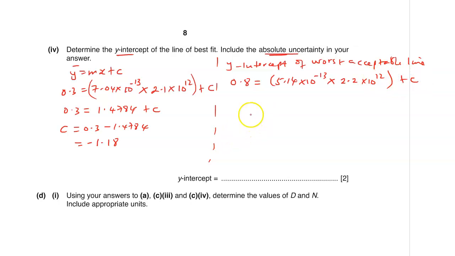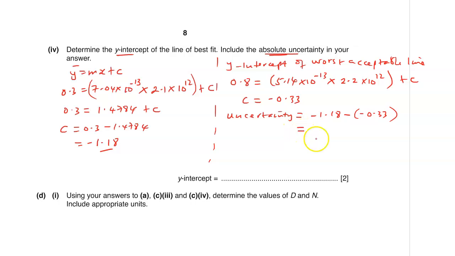When you work out c here, you find that c is minus 0.33, and therefore the uncertainty for the y-intercept is equal to minus 1.18 minus minus 0.33.